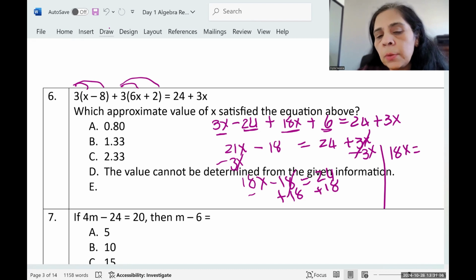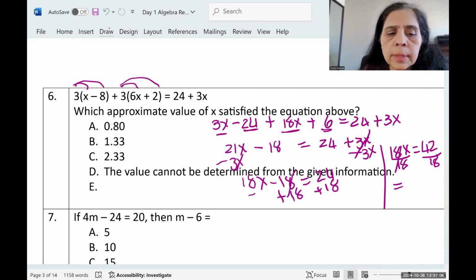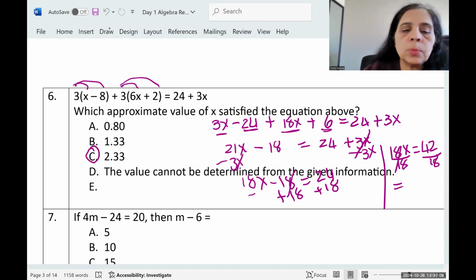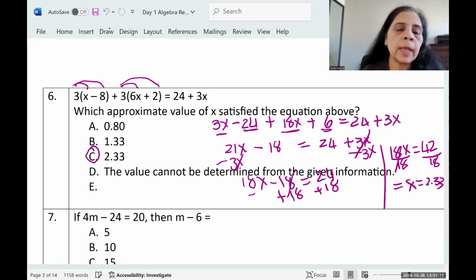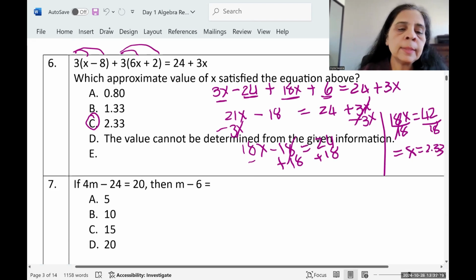So 24 plus 18 is 42, and divide by 18. 18 times 2 is 36, so you will get the answer 2.33. You don't need to find the exact answer, just an approximation, and you have 2.33. That's it. Let's see number 7.